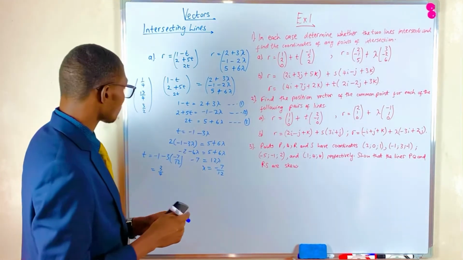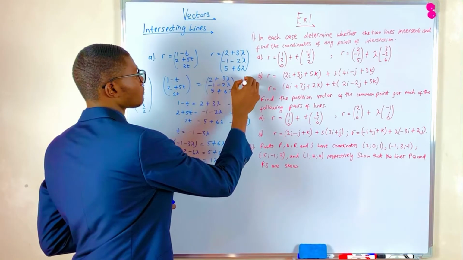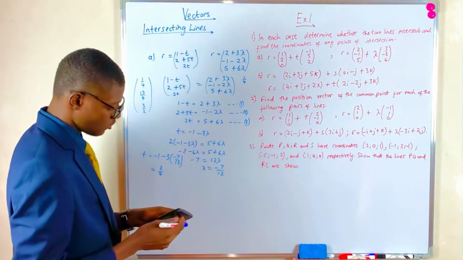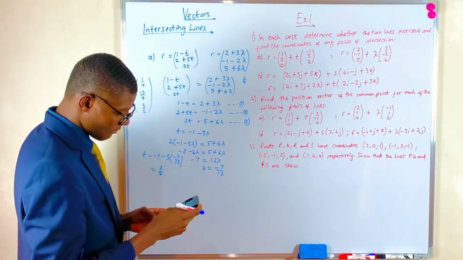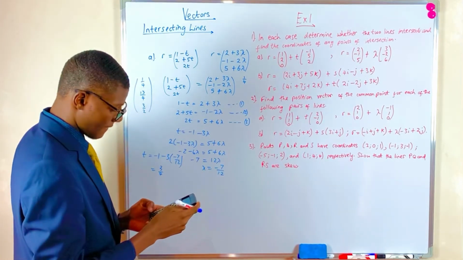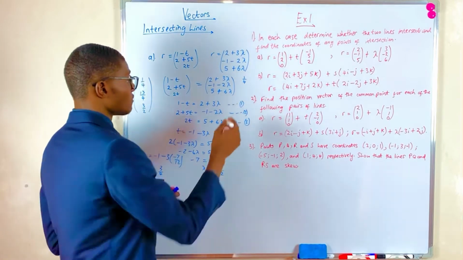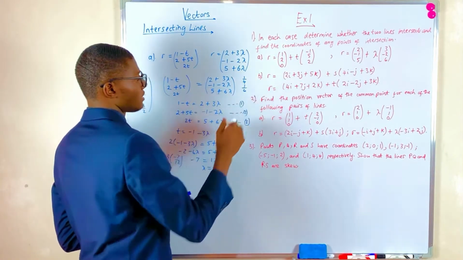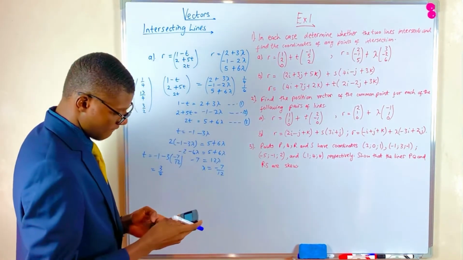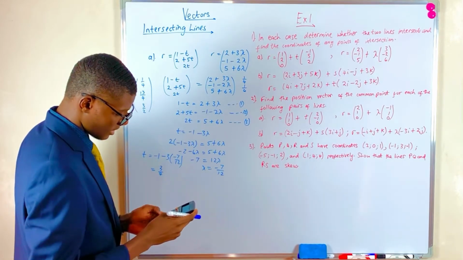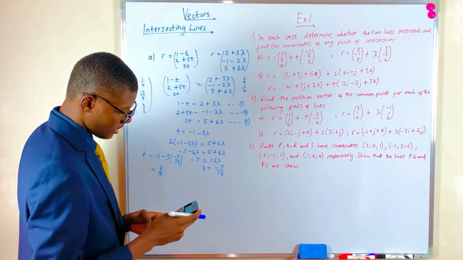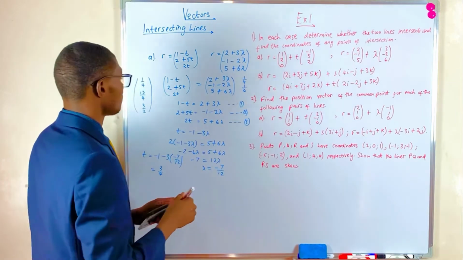That will give us 1 over 4, right? And then minus 2, minus 1 minus 2 times minus 7 over 12. That will give us 1 over 6, right? And then 5 plus 6 times minus 7 over 12, that will give us 3 over 2.